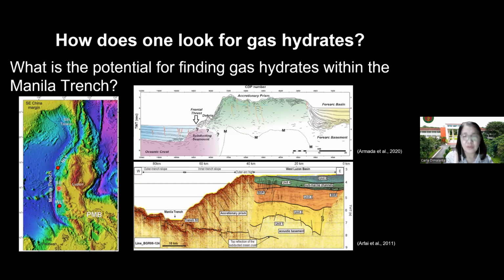That is the clue that we need to look for in order to indicate whether gas hydrates are present or not. So these two earlier works have already reported BSRs. However, they did not do any further systematic study of gas hydrates. They simply reported it, but they did not do any further studies beyond reporting the BSRs.